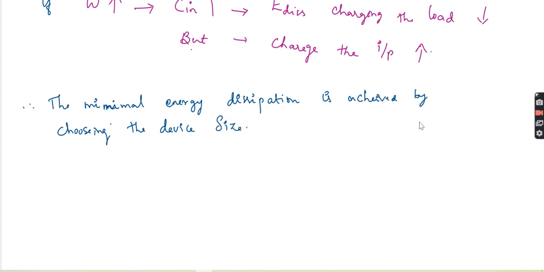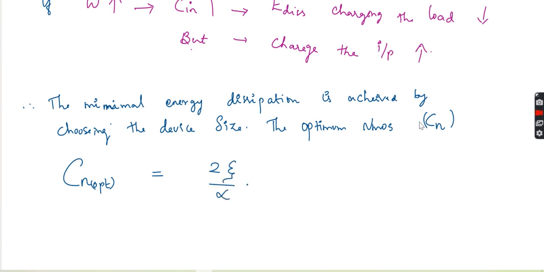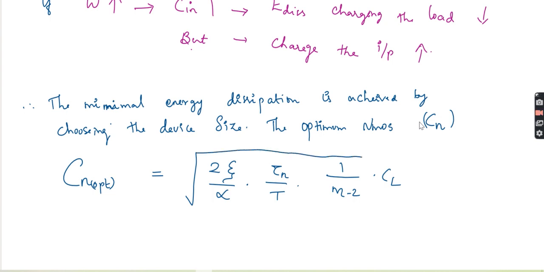Device size. So the optimum NMOS gate capacitance, CN optimum, will be written as CN OPT equals 2 psi alpha into tau n by t into 1 divided by m minus 2 into CL, with the root power 1 by 2.